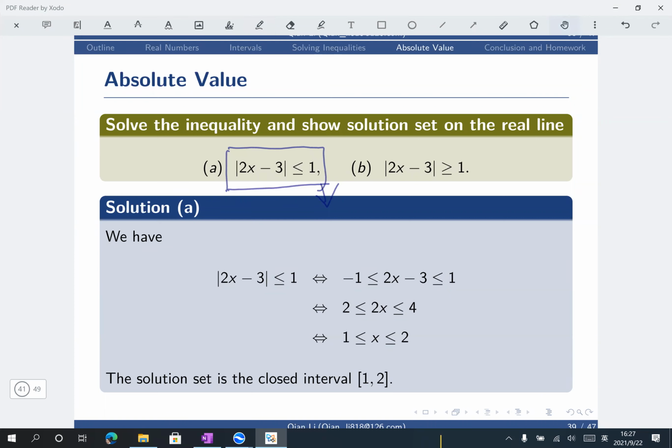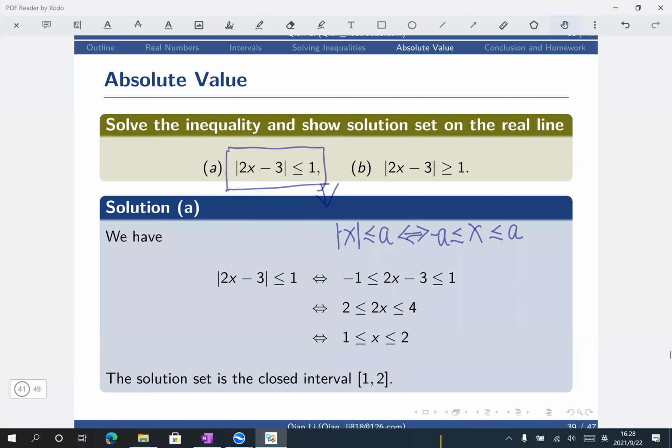Property number 3: if the absolute value of x is smaller than or equal to a, if and only if x is larger than or equal to minus a and smaller than or equal to a, right?